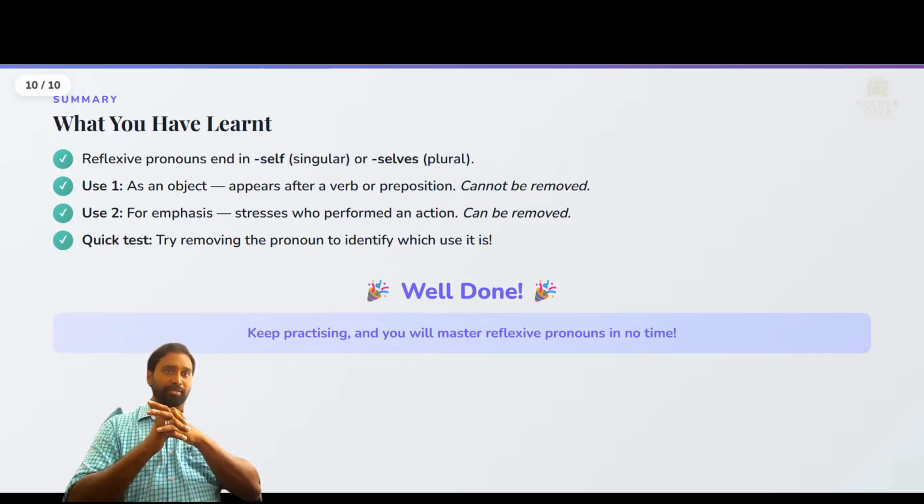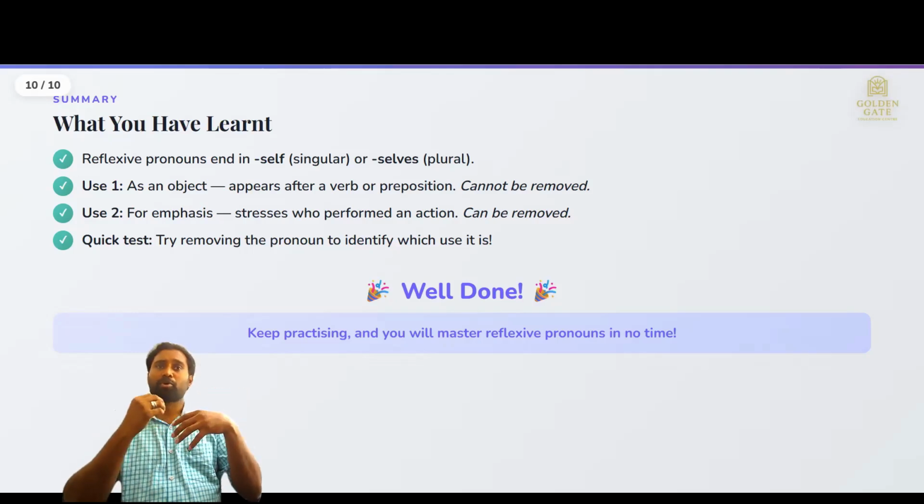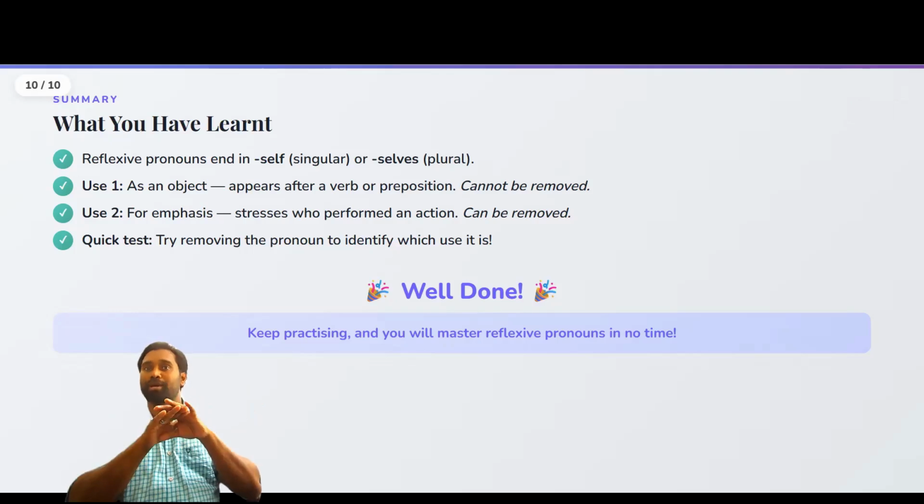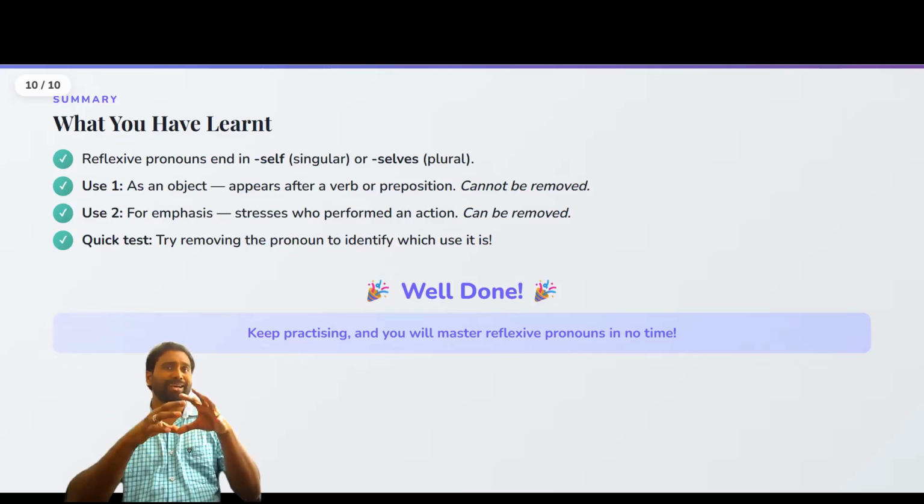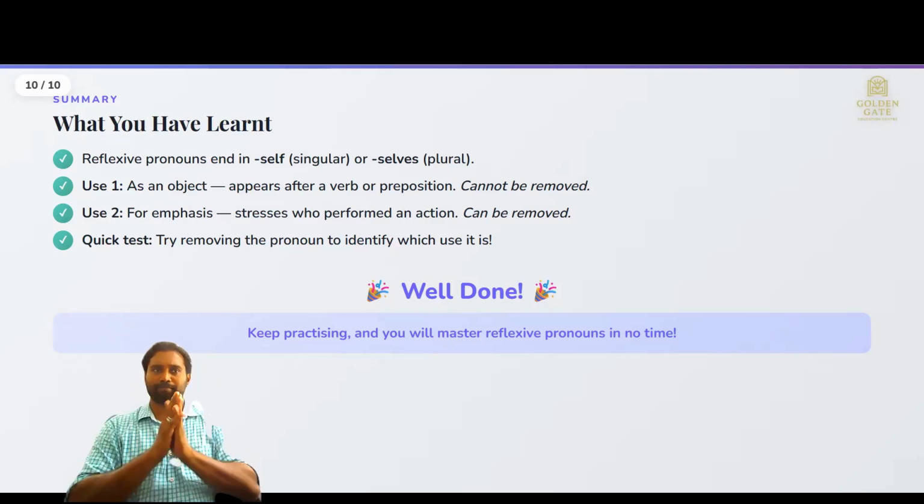Use as an object. The reflexive pronoun appears after a verb or a preposition and you cannot remove it. Point number three. For emphasis, the reflexive pronoun stresses who performed the action and you can remove it.